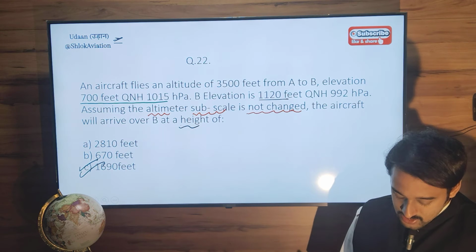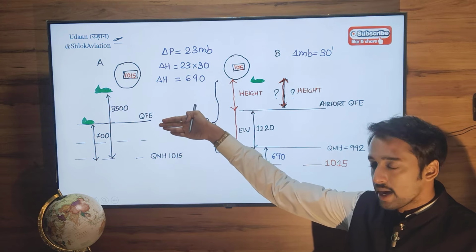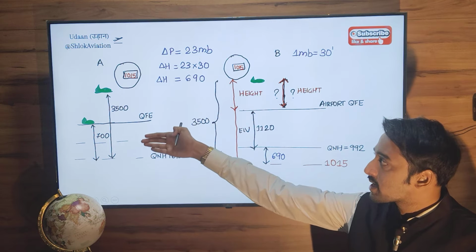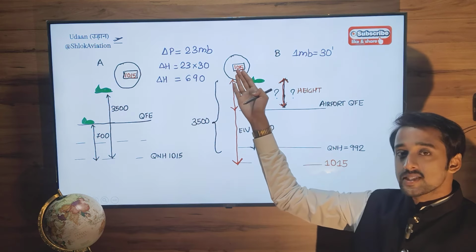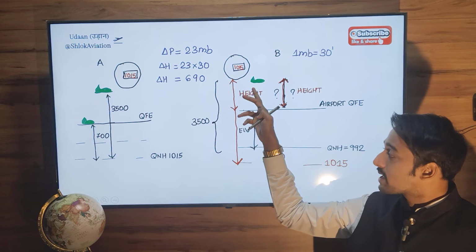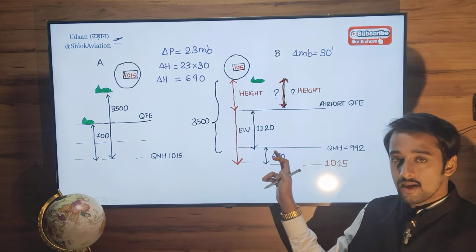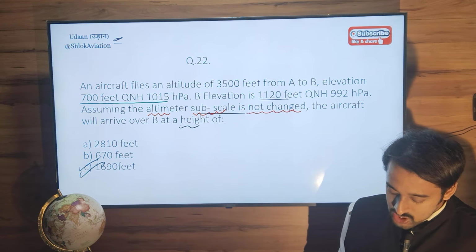So how did we start doing this sum? Draw the basic aeroplane, your airport, QFE, QNH level. Label that diagram. You have 1015 in your altimeter. When you go to B, you have the same setting in your altimeter in your plane. Again, draw elevation, airport, QNH level. Now the question states explicitly that the subscale is not changed.